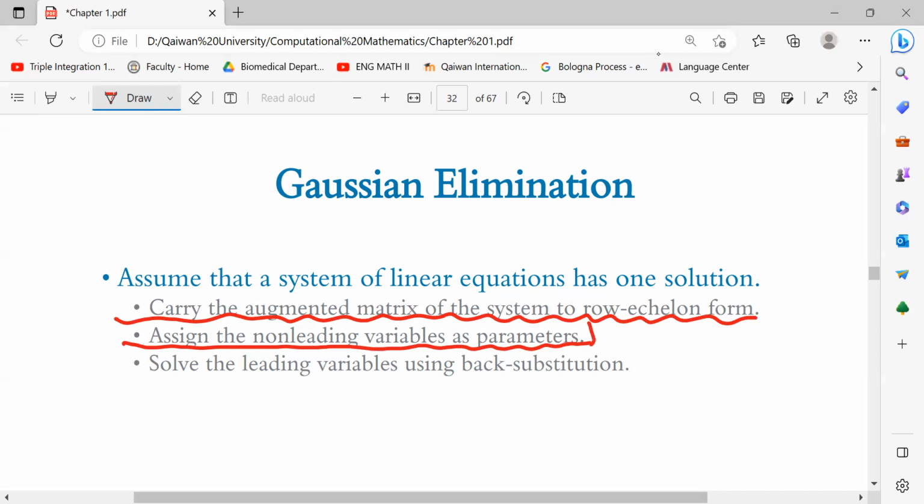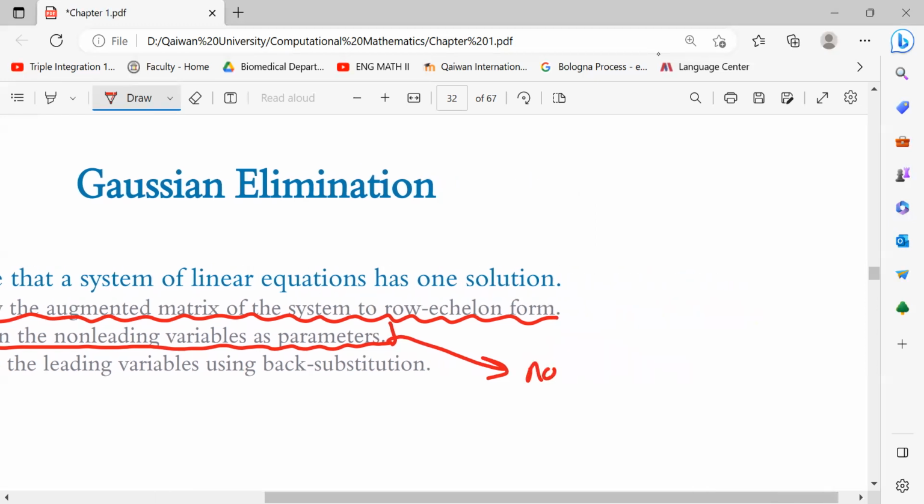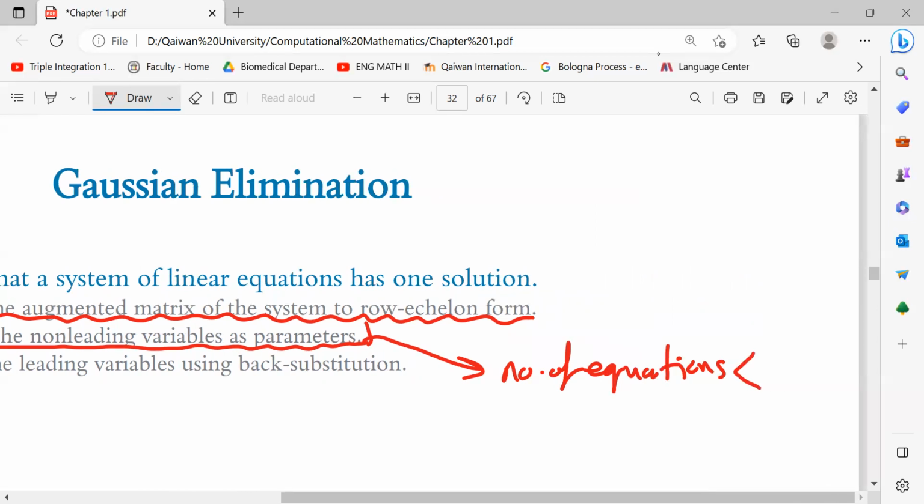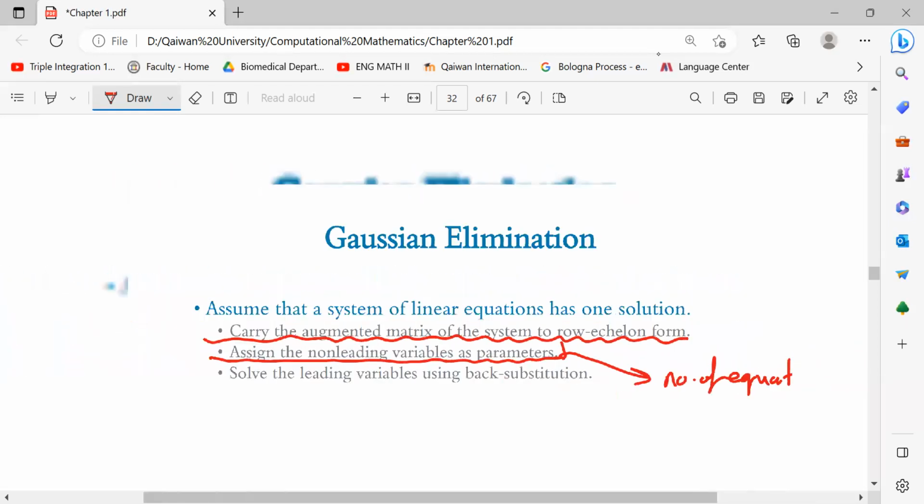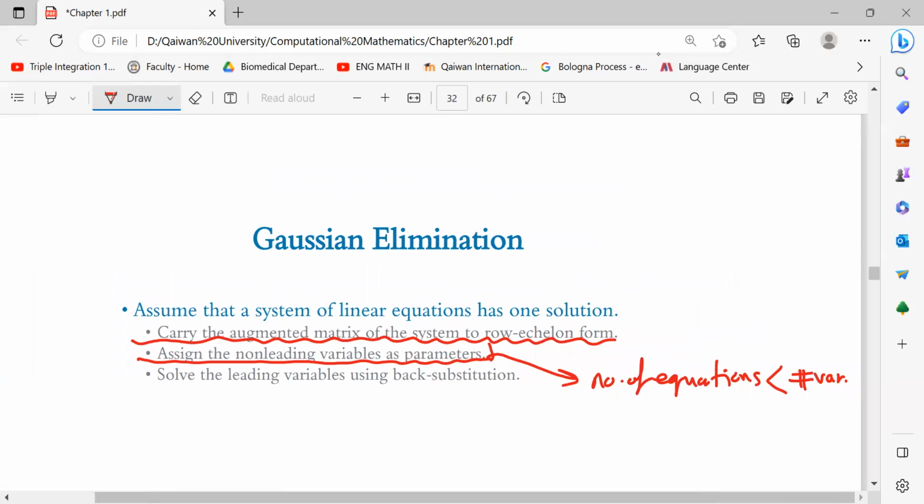Here, if we have more than one solution, you do this one. In this case, if the number of equations is less than the number of variables, we assign the non-leading entries by parameters.